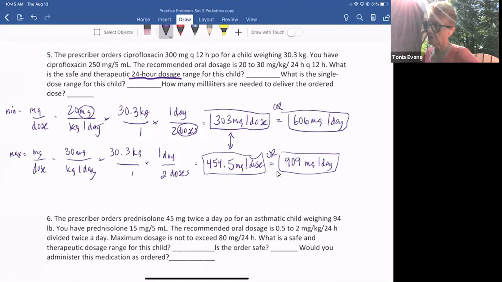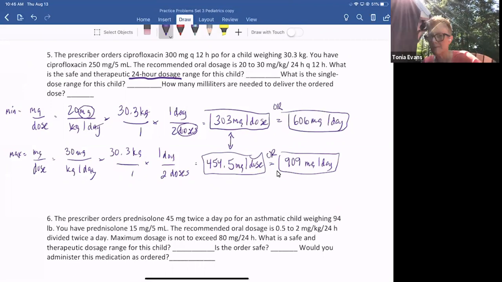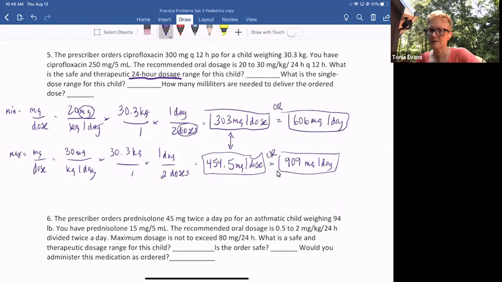It would be an odd thing to see a 303 milligram dose, but it's just rounded to the nearest larger number here. So we are just a touch out of range, slightly below it, but we're safe.